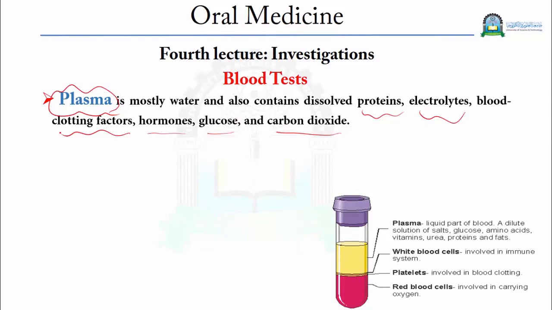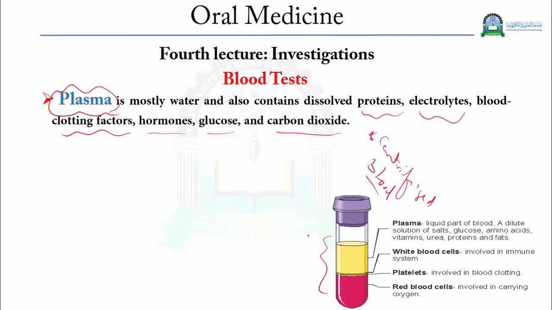As we see in this graph, the plasma is the centrifuged blood. The plasma results from centrifuging the blood in a specific machine in the laboratory.